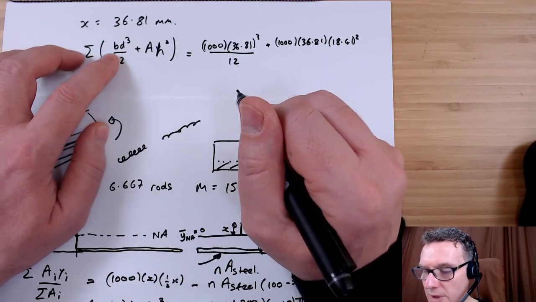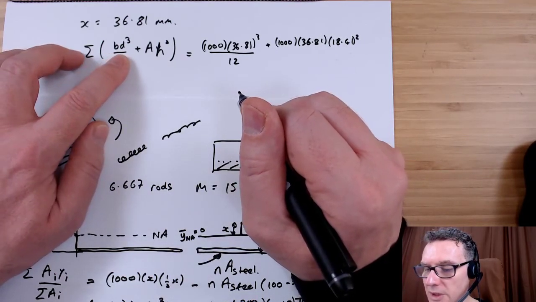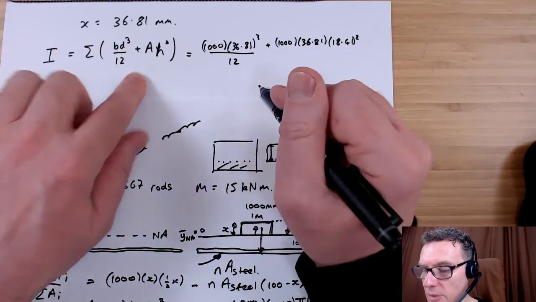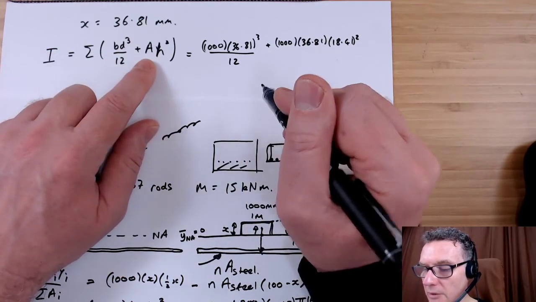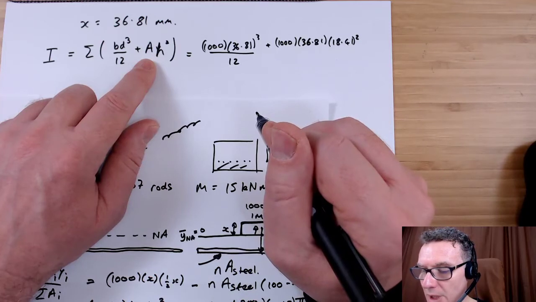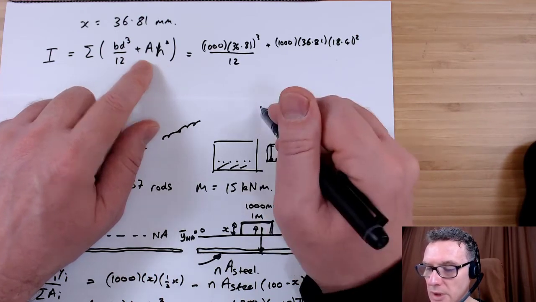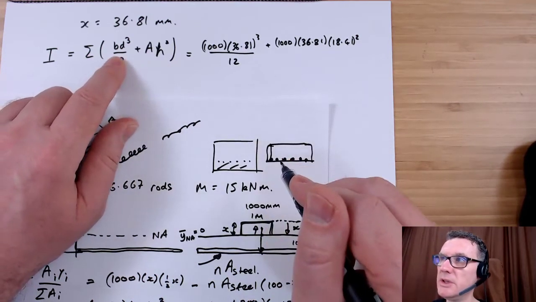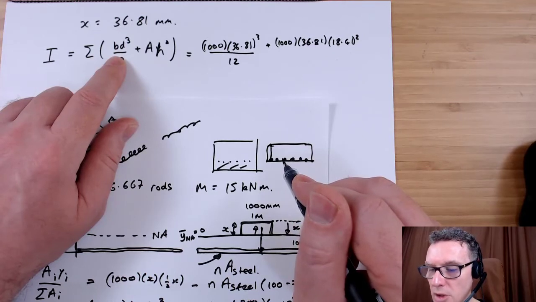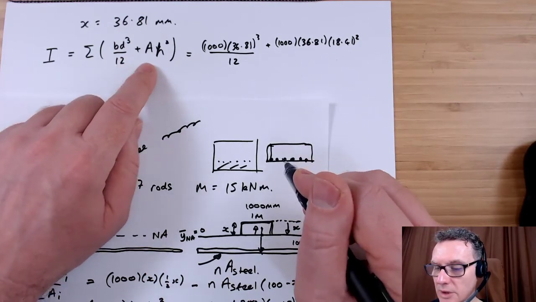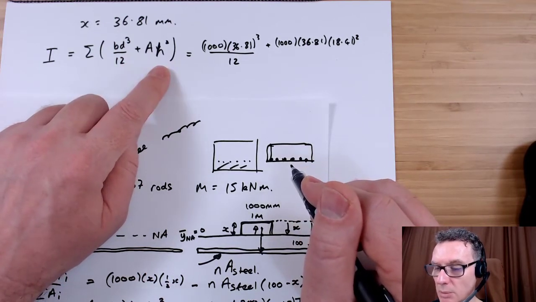You've got in effect something here which is of the order d to the power 4 divided by 12. Here you can have d to the power 2 times h squared. So you've got something here which is d to the power 4-ish, and here you've got something d to the power 2-ish times by a big number.